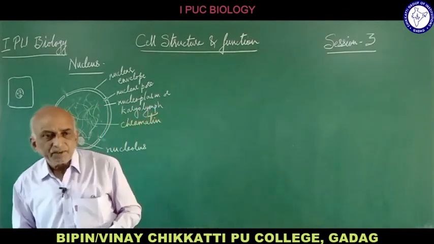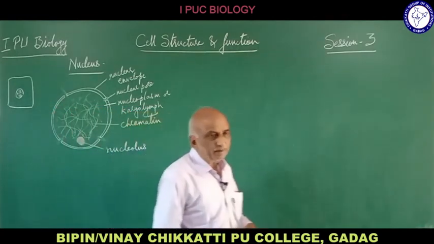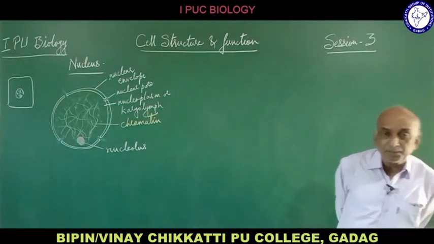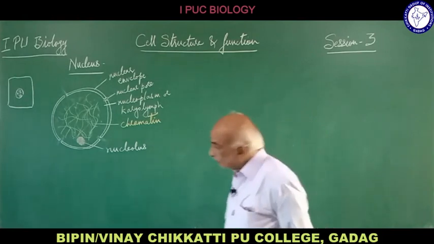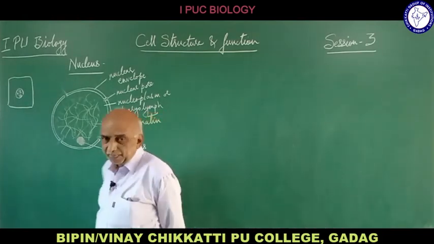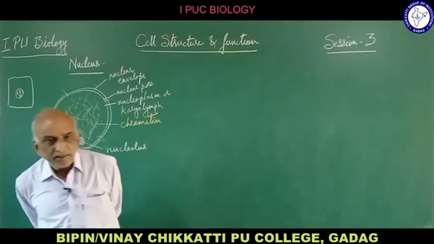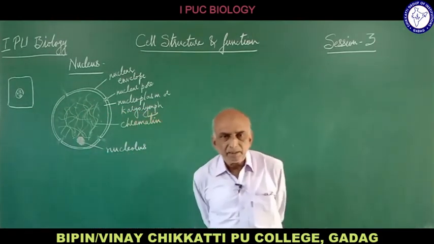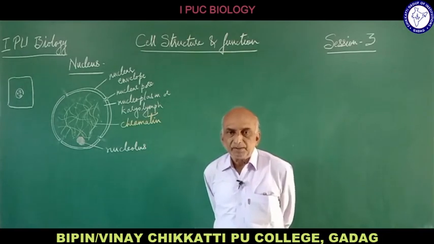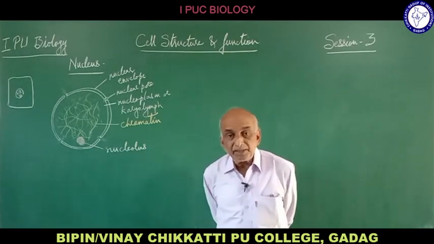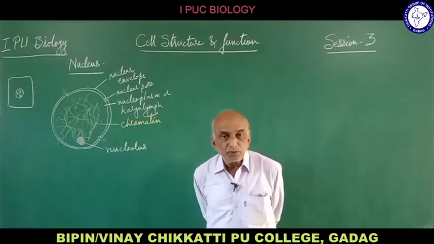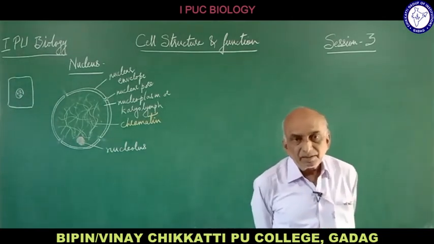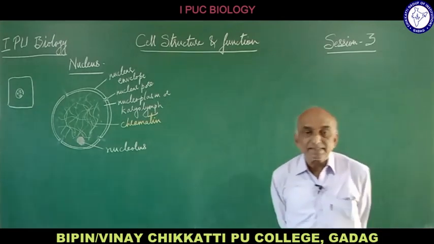And rarely the cell may contain two nuclei. The cells are binucleate. For example, some of the liver cells contain two nuclei. And even in other examples, for example in paramecium, the cell is binucleate, and again the two nuclei may be of the same uniform size, or there may be variation in the size.